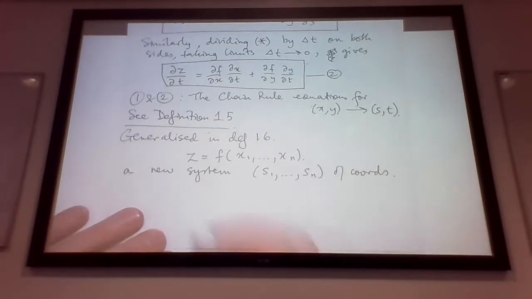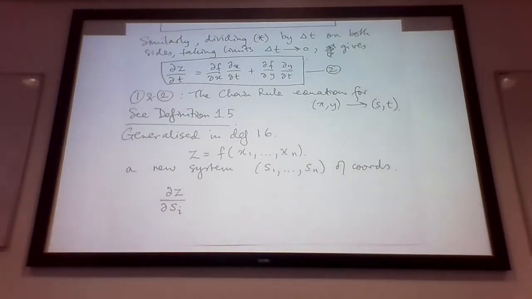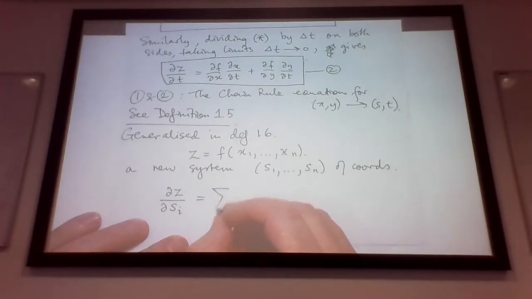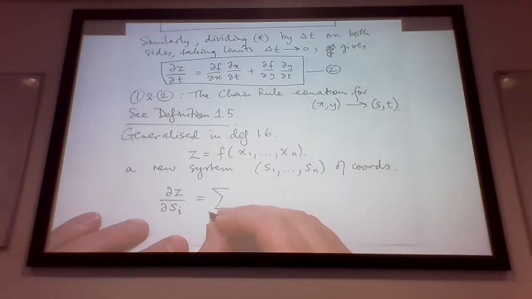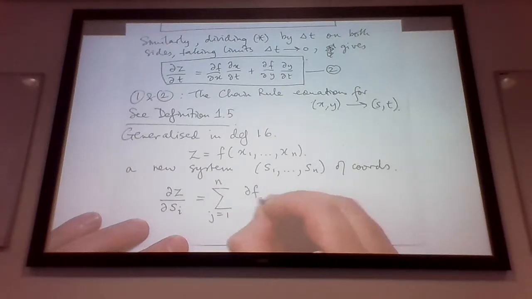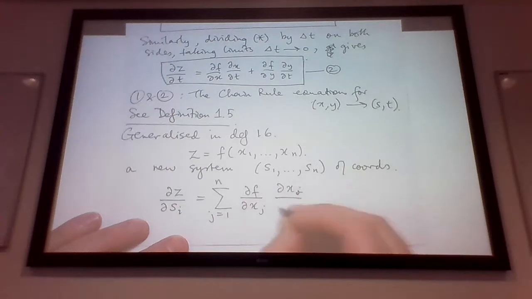Each equation, the ith one, tells you what dz dsi is, and it's a combination of this expression, where you differentiate f with respect to each of the old variables, and then multiply that by the partial derivative of xj with respect to si.